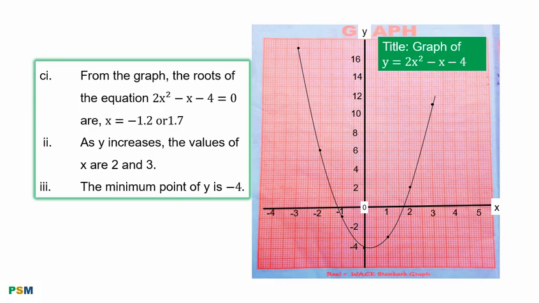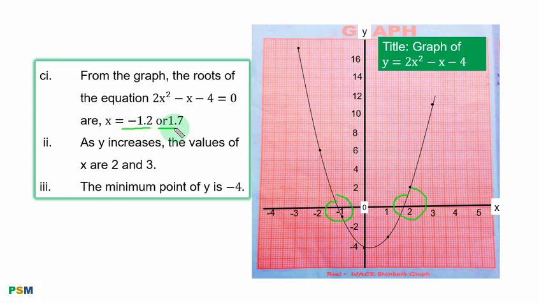We move to C part of the question. Roman figure 1, roots of the equation. The roots are obtained from the point of intersection of the curve with the s-axis. The roots are minus 1.2 or 1.7.